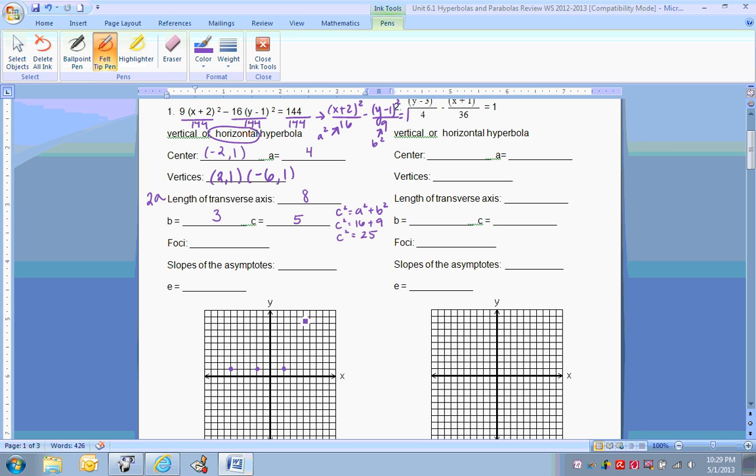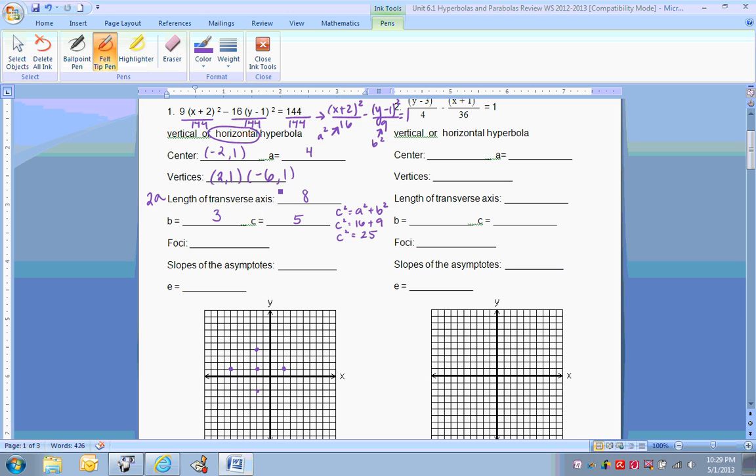Now my b value is the distance from my center to my co-vertices, which go in the opposite direction of my vertices. So I'm going to go up 3 and down 3. Oops, I went up 4 on accident.